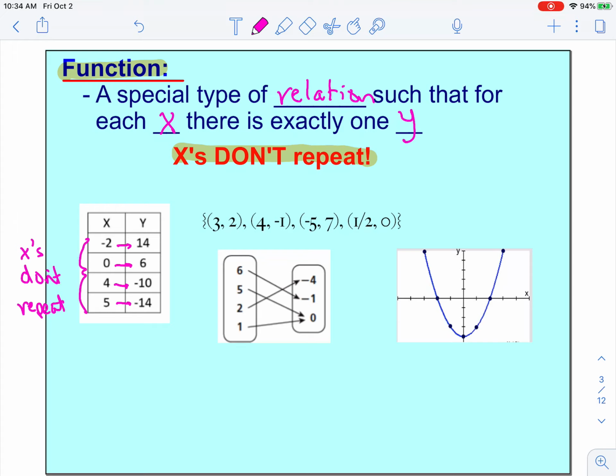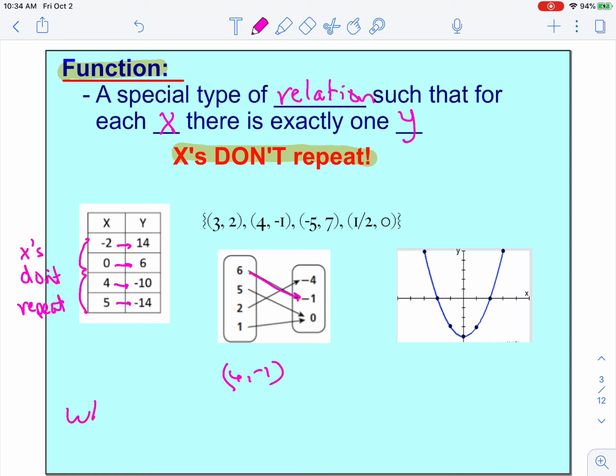If you look at this map, and you also look at this map, these are all examples of functions. The 6 only has one arrow going from it, so the 6 goes with -1. But in the last example, there were two arrows coming off of the same number, and so that would not be a function. So functions, each X value can only have one exact Y value with it.